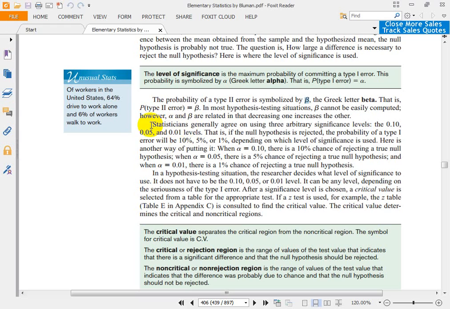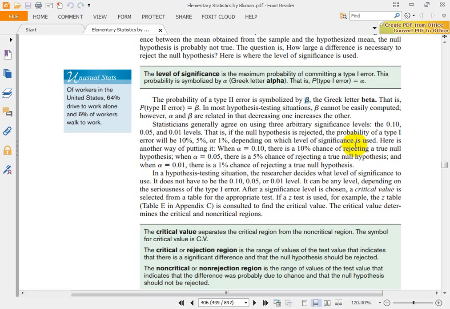Statisticians generally agree on using three arbitrary significance levels, that is 0.10, 0.05 and 0.01. So we have three significance levels.